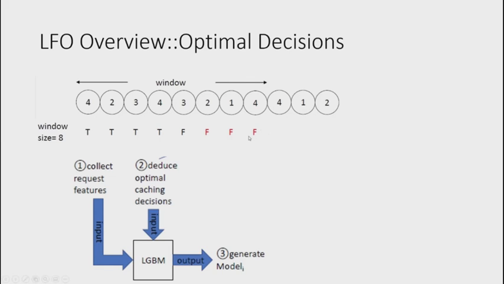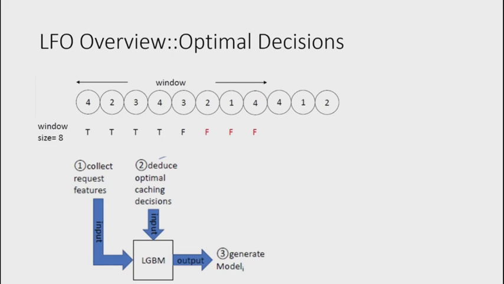Another criterion that LFO uses is the object size. Let's say I have two objects that are to be accessed, two requests in time, and both objects are going to be accessed really soon. But one object is small, one object is big.